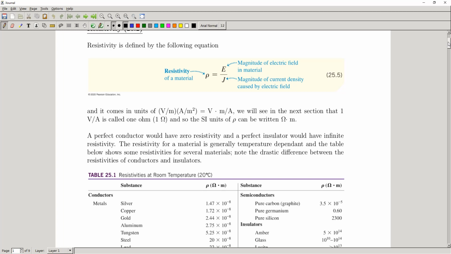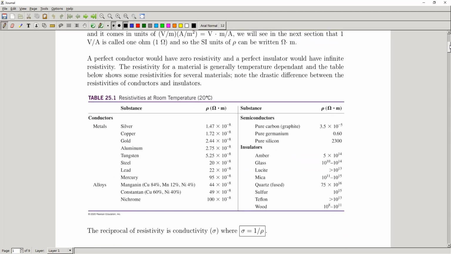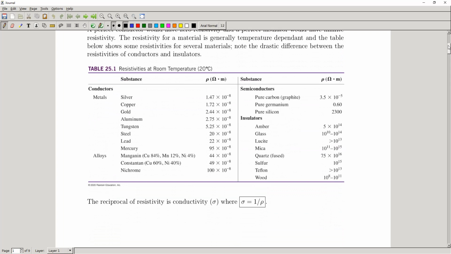The table that we see below gives us some of the resistivities for materials we might run into. We have a bunch of conductors on this side, some metals and some alloys. We have semiconductors over here, and then we have insulators.